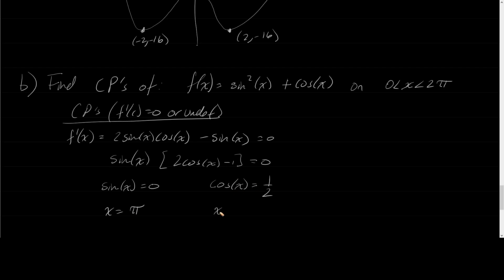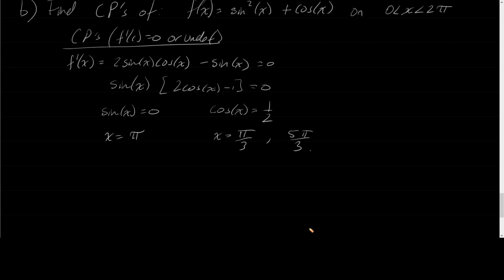Where is cosine x equal to 1/2? In this interval, if you recall from the unit circle, it happens at pi over 3 as well as at 5 pi over 3.